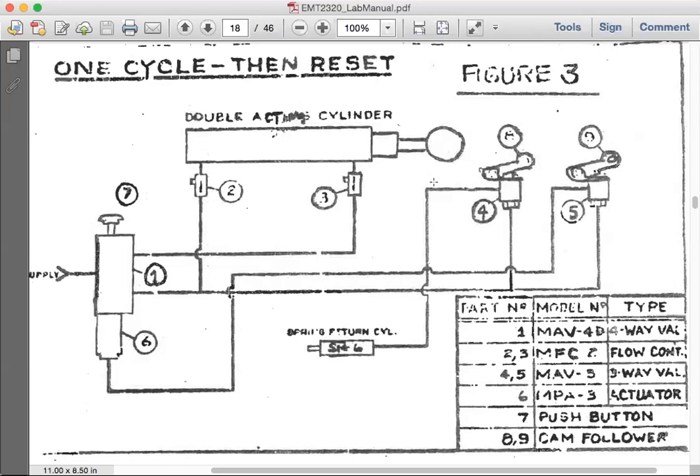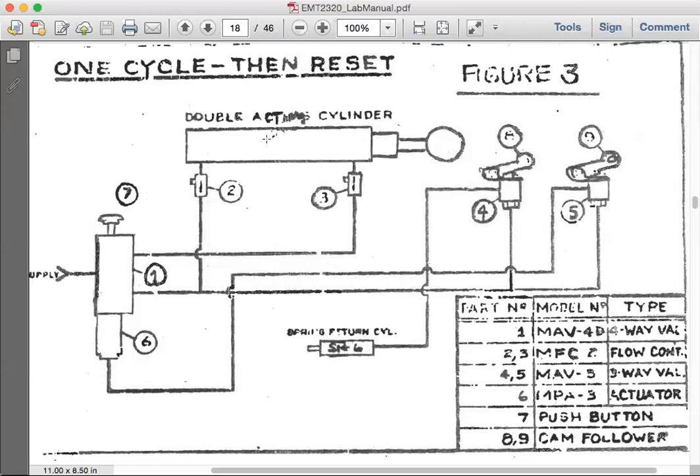What about number 3? If you provide the pressure from the bottom to the top to the right chamber, you provide the pressure against the direction of the arrow. So this pressure would cause the return of the piston, so number 3 does not control the return.